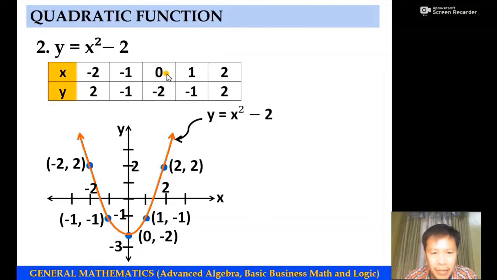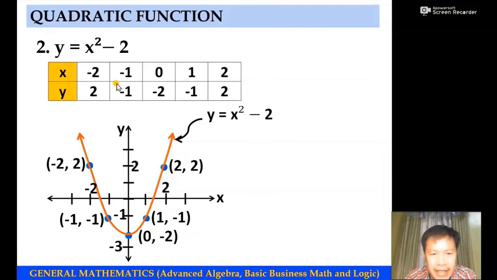Trespassing is the violation of a very simple rule. Our x is 0, therefore do not move to the right, do not move to the left, go directly in the direction of the y. So if negative, the direction is downward, 1, 2, and this is our vertex with coordinates (0, -2).